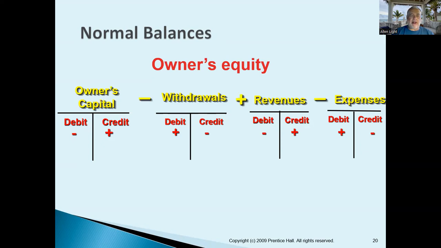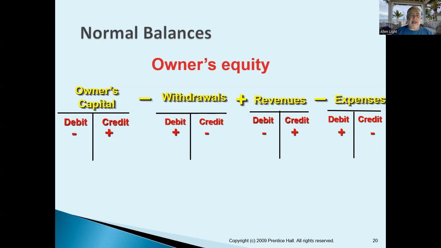Remember, normal balances are going to be on the increase side of the account. So a withdrawal, if you're going to subtract it from owner's capital, has to have the opposite characteristics of the capital, which it does. Revenue, on the other hand, is going to be added to owner's capital, so those have to be the same.